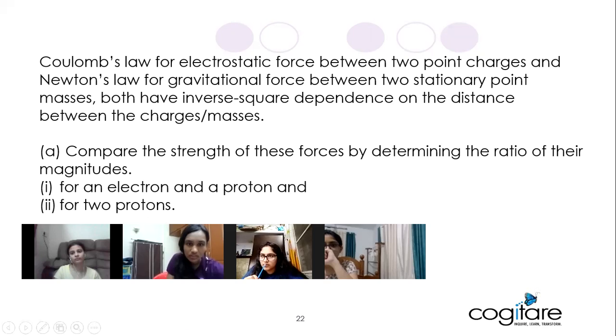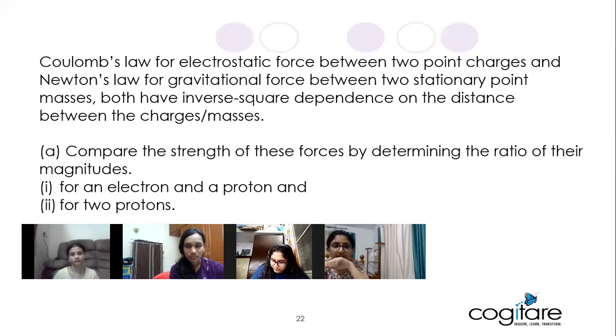You read it. By your reading itself, I know you have not understood. You just read the English of it. Chaitri, can you explain? Yeah, so basically the force is inversely proportional to the distance between both the particles.